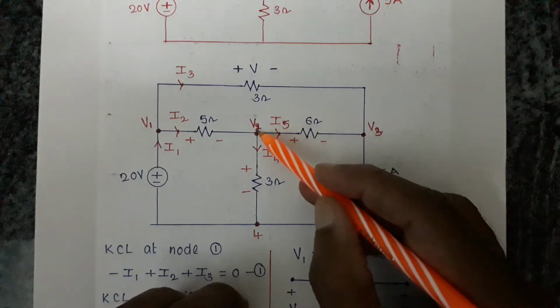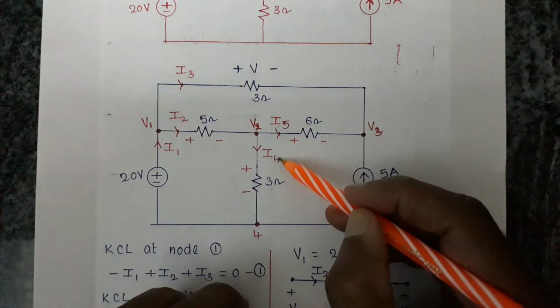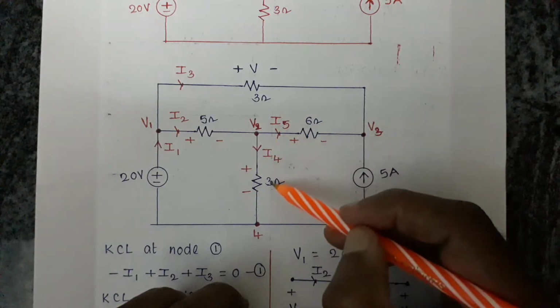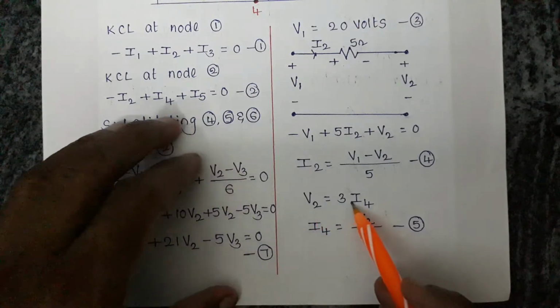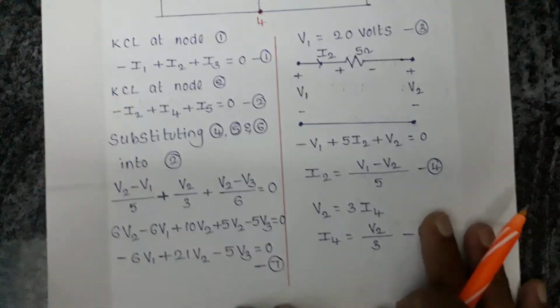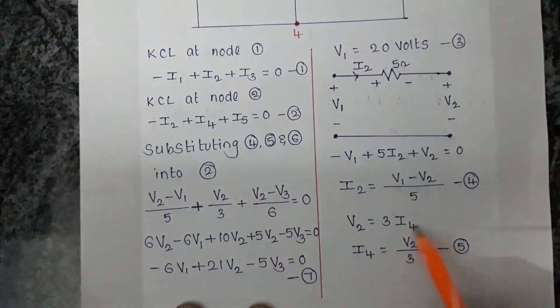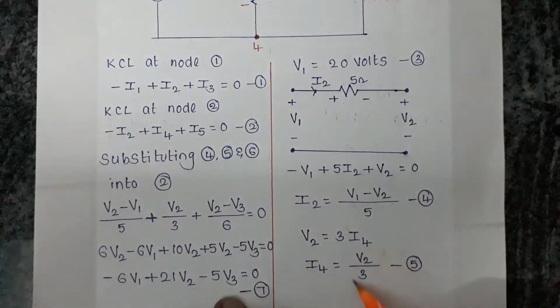The relation between V2, I4 and 3 is V2 equal to 3 into I4. So V2 equals 3 I4 and I4 equals V2 by 3. Taking that as equation 5. So I4 as a function of node voltages is I4 equal to V2 by 3.